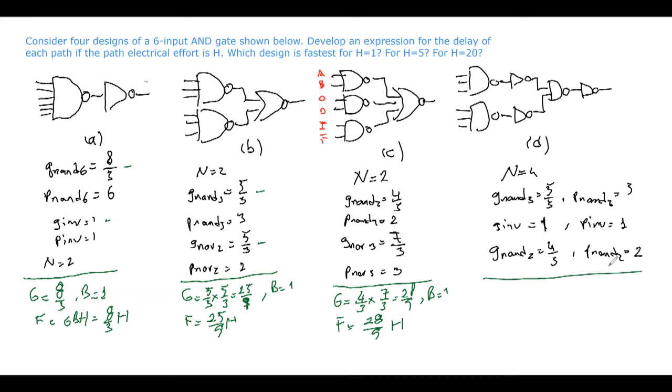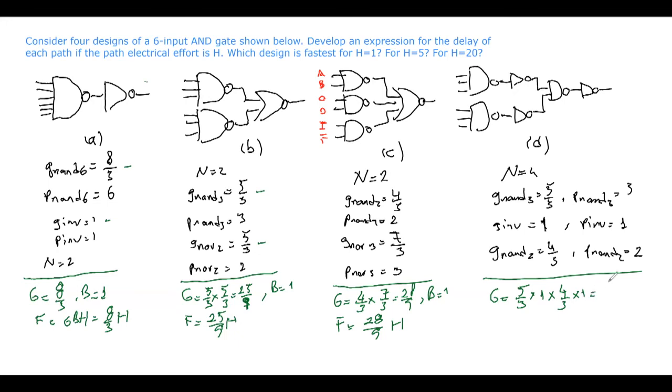And for this last implementation, what do we have? We have G is equal to what? The first stage is the 3-input NAND gate, 5/3, times 1 for the inverter, times 4/3 for the 2-input NAND gate and 1 for the inverter.